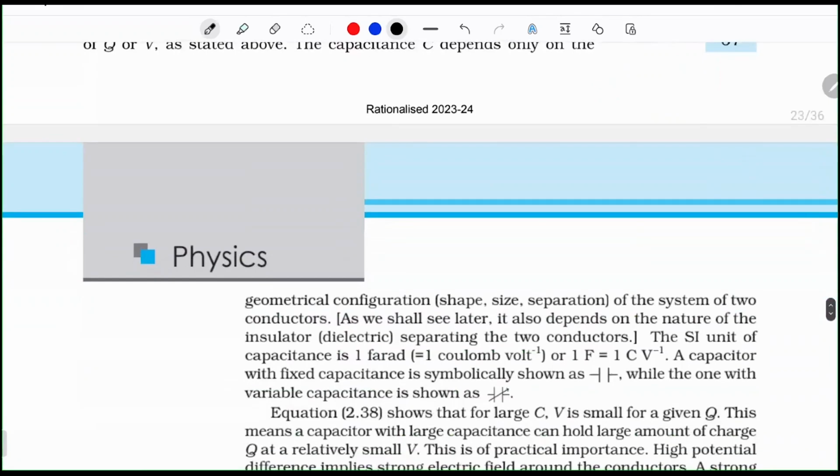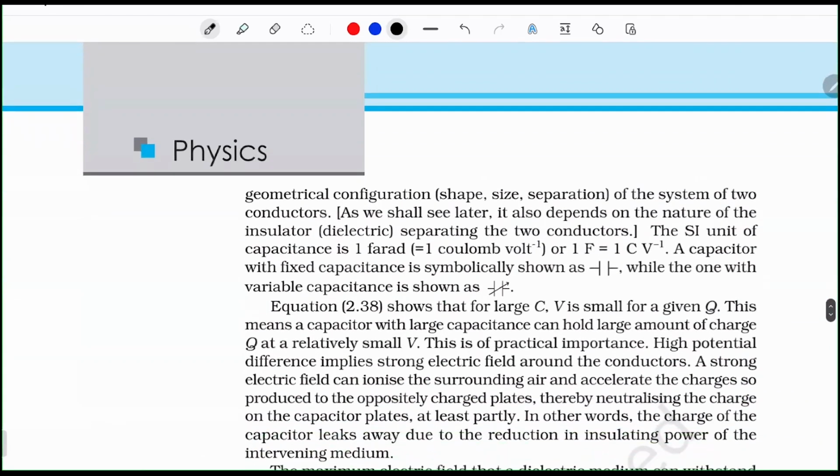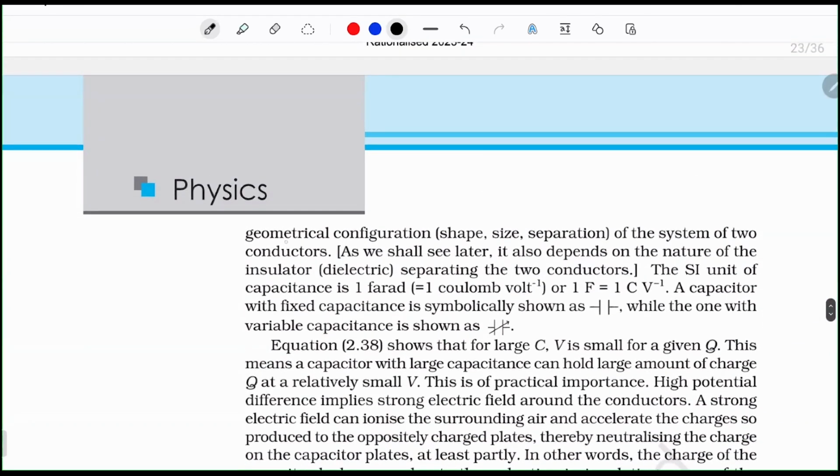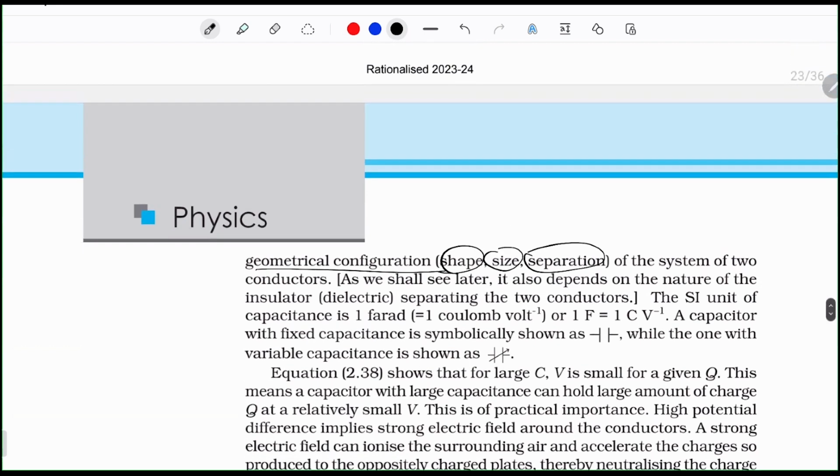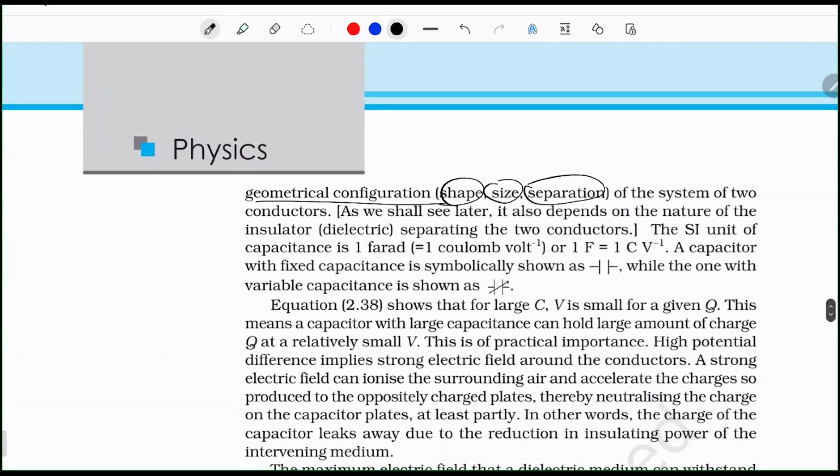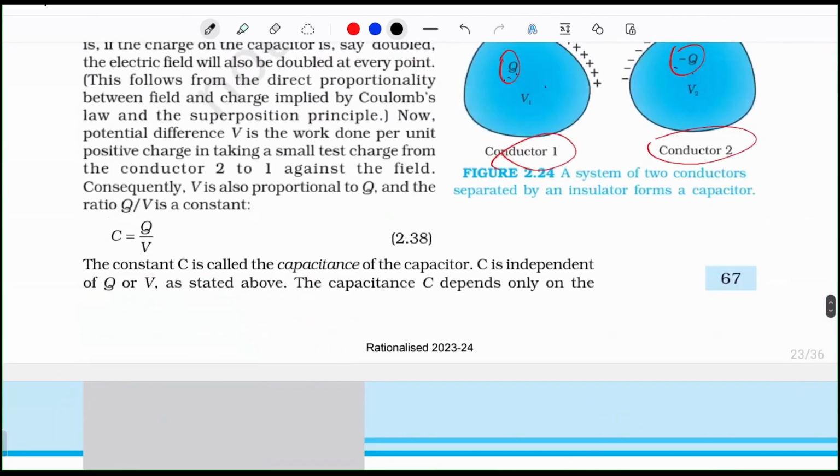We'll soon look into what capacitance actually depends on. It depends on the geometrical configuration, that is the shapes and sizes of the conductors and their separation. It also depends on the nature of the dielectric separating the two conductors.